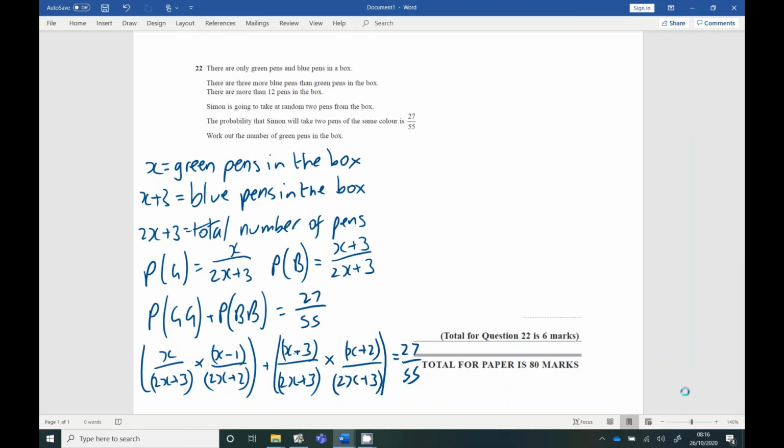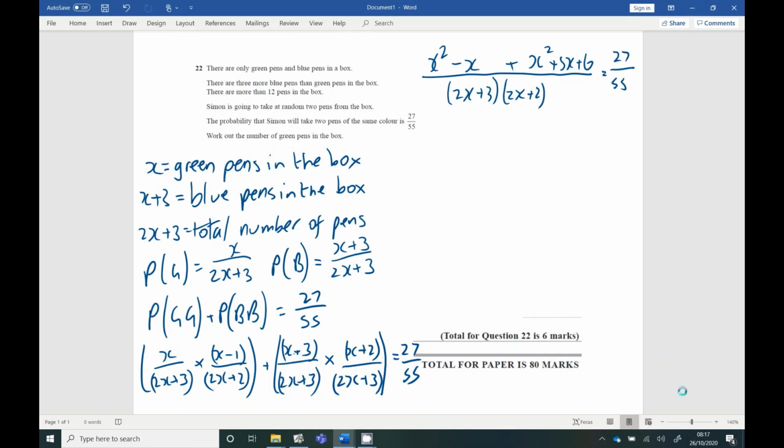So multiplying out our numerator, we get x squared minus x. And secondly, we get x squared plus 5x plus 6. And this is all over our common denominator of 2x plus 3, 2x plus 2.